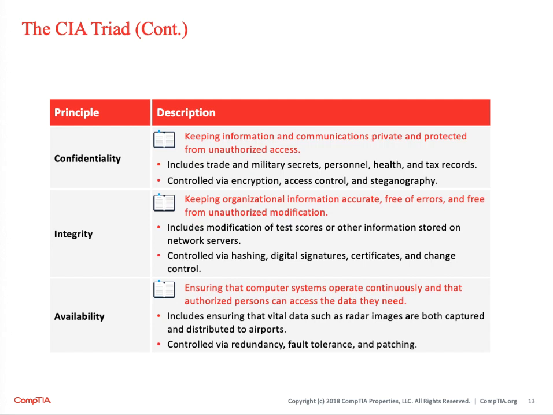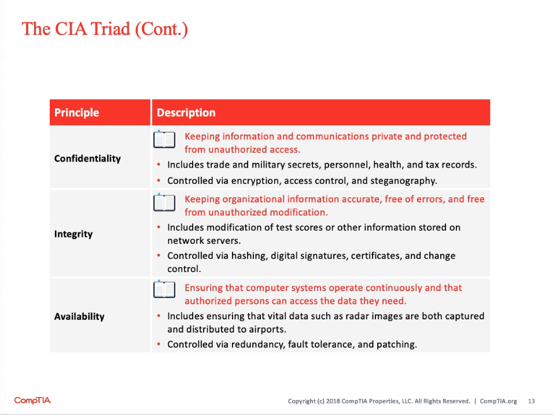Integrity is the fundamental principle of keeping organizational information accurate, free from errors, and free from unauthorized modification. We don't want people changing our records, right? So, for an example, if there was an attack on a school system, this might have included the modification of test scores or other information stored on the network, right?